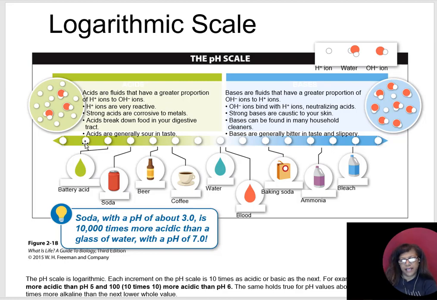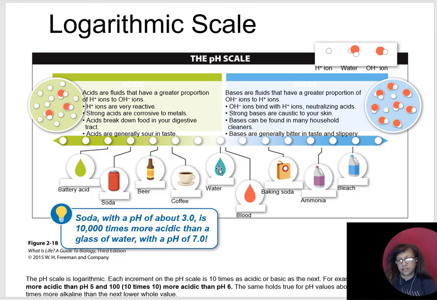So you can see battery acid is a very strong acid. Soda is also very acidic, and it can be very surprising as to the pH of soda and how acidic it actually is when you look at it on the pH scale. Beer is also acidic. Coffee is also acidic.